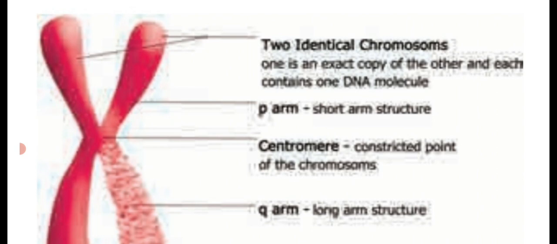One is an exact copy of the other and each contains a DNA molecule. The centromere connects the two symmetrical structures called chromatids, isn't it? So these chromatids are joined with the other identical chromatid.